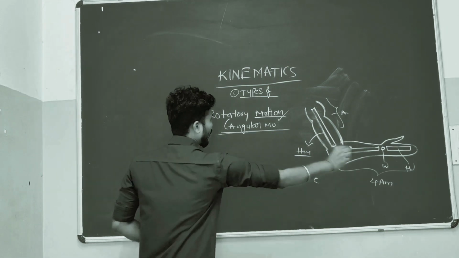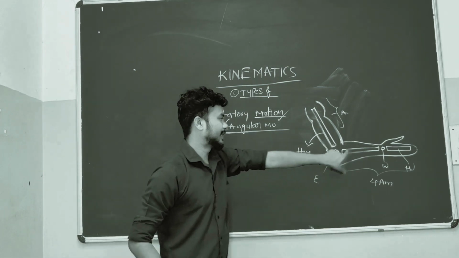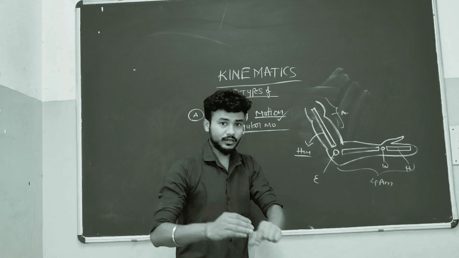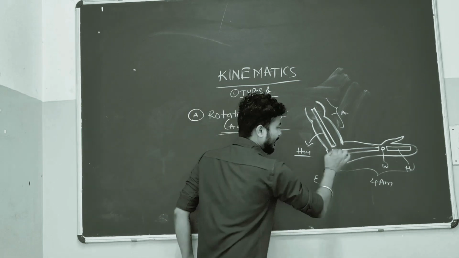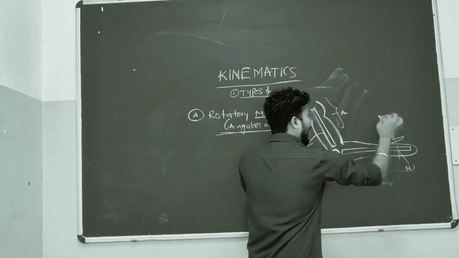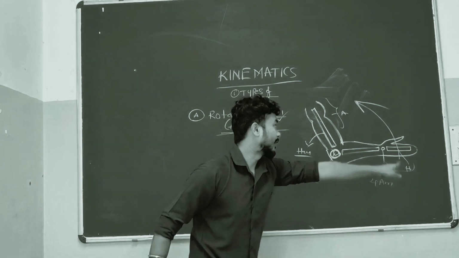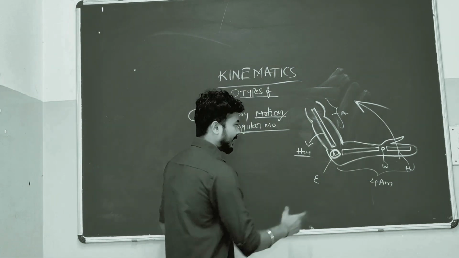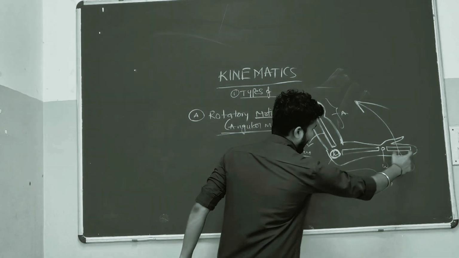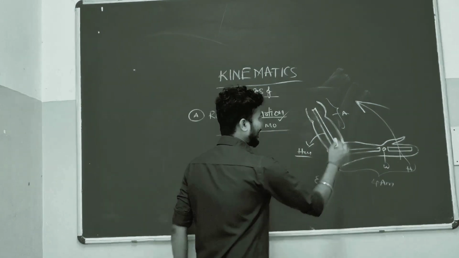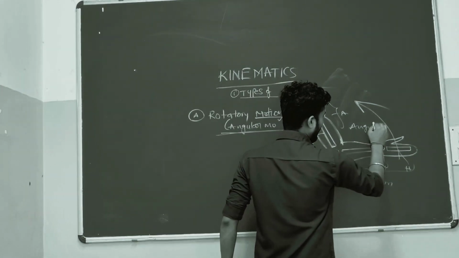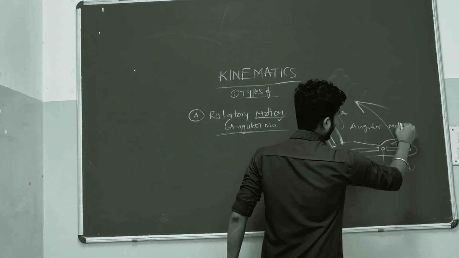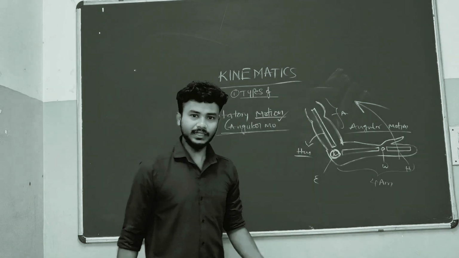So what is rotatory motion? A segment or object will move over a fixed axis in angular direction. In this rotatory movement, the forearm segment and hand segment will move in angular motion.